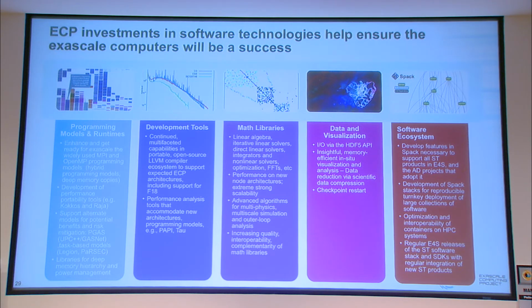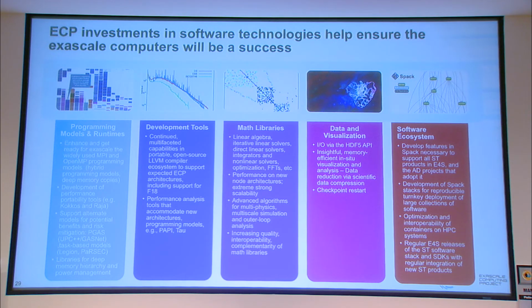It has an ecosystem for C++ applications where you can abstract those execution models away. Support for alternative models and understanding the benefits. So for example, PGAS models or things like task-based parallelism when you're thinking about the Legion tools at Los Alamos National Lab, and then libraries for deep memory hierarchy and power management.